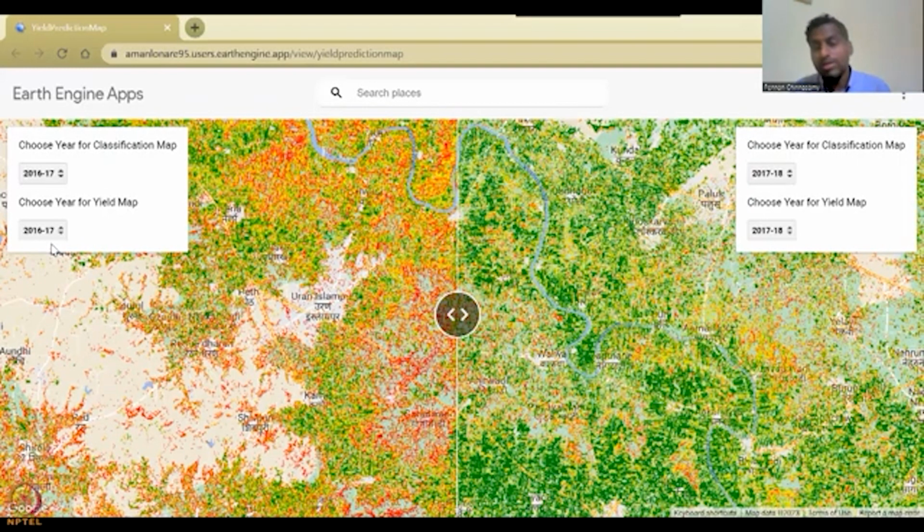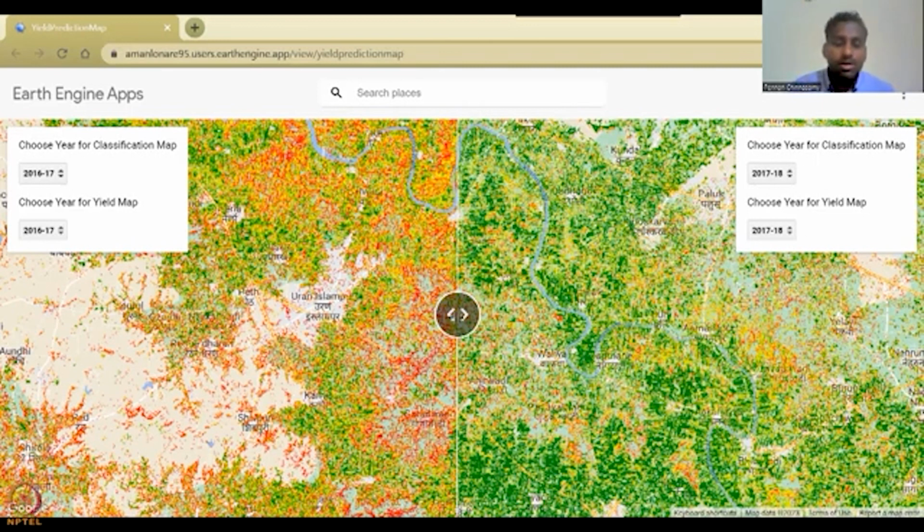The yield depends on many factors: climate change, water, labor, correct time labor, pesticides, fertilizers, disease attacks. All these are there. That is why we did both. So for your classification map, we wanted to see your yield map, and then the upcoming year from 2016-17 was 2017-18.